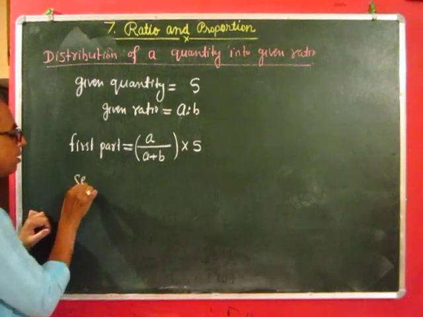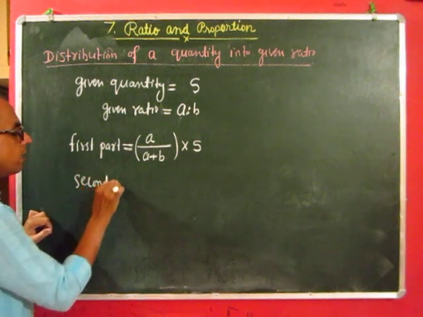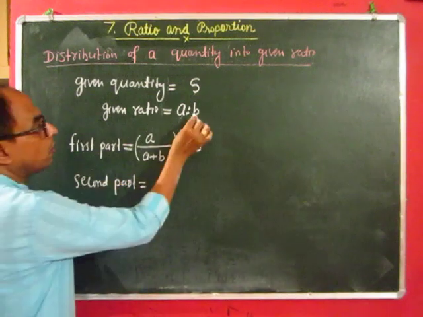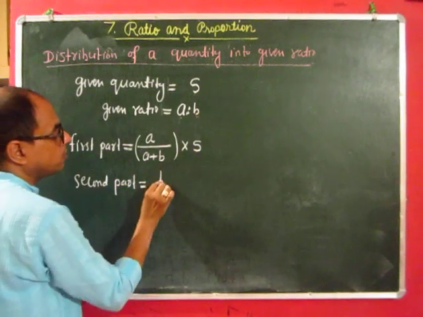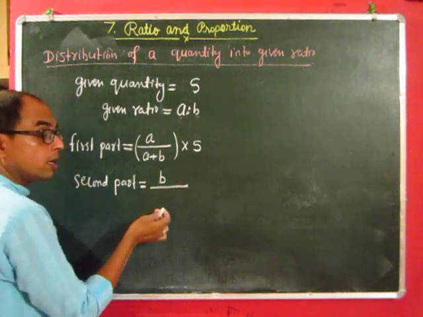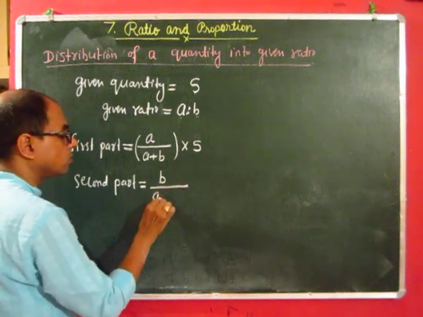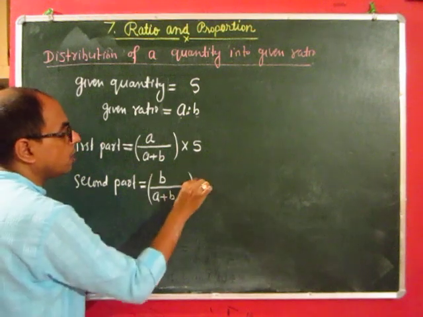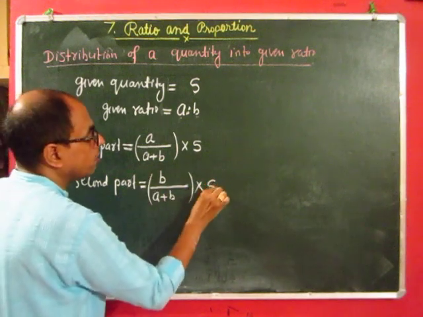Similarly, the second part is equal to the term corresponding to the second part, that is B, in the numerator. In the denominator write the sum of all the terms of the ratio, A plus B, and multiply this with the total amount that we have to distribute.